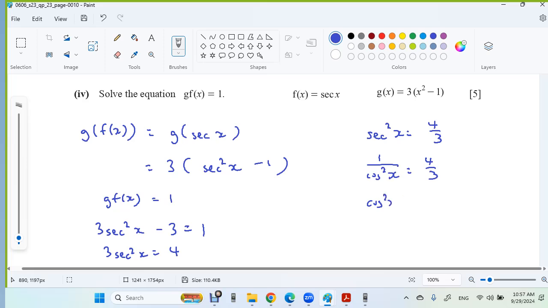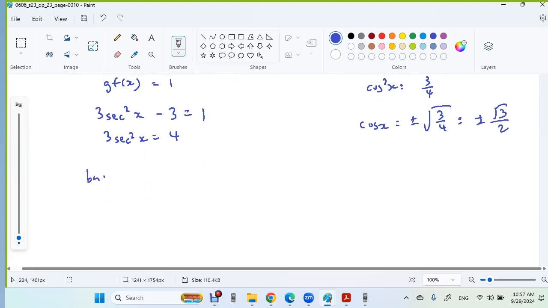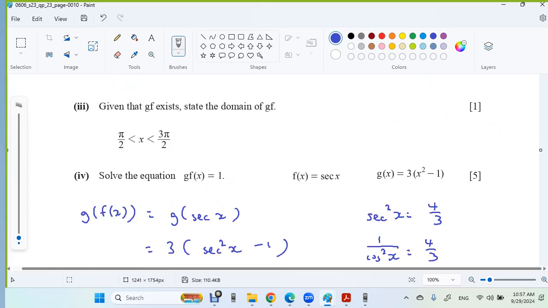So the cos square is 3 over 4. So the cos x is plus minus square root 3 over 4, that is square root 3 over 2. So the basic angle will be the arc cos of square root 3 over 2, which is 30 degrees or pi over 6. But it's between pi over 2 and 3 pi over 2.